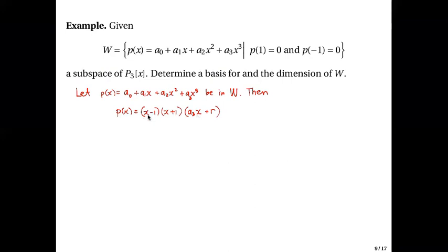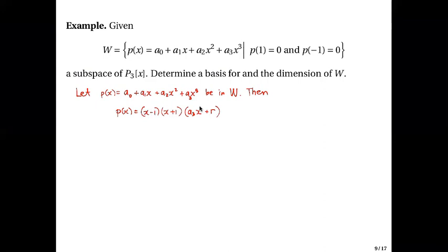So again, x minus 1 came from the condition P of 1 equals 0. X plus 1 came from the condition P of -1 equals 0. What about this a sub 3 x plus r? It came from, of course, after factoring out x minus 1, x plus 1. And it's a general polynomial now, to be more precise, a general linear function.